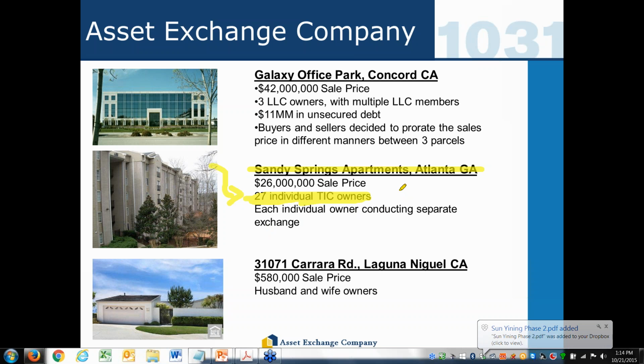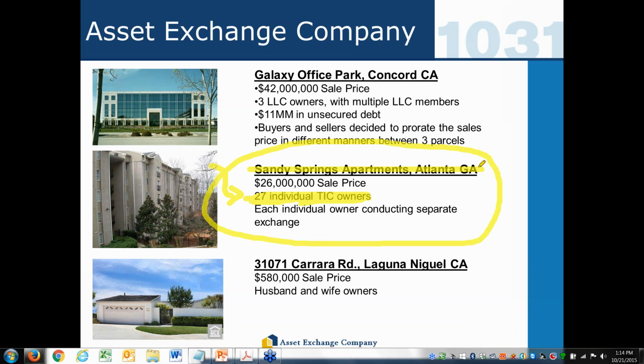You could have had 26 people deciding to pay taxes, and one individual could have done their own exchange. That's fine. Because they held title as tenant in common owners, each person was listed on title, and the government knew there were 27 taxpayers that owned that property. 27 people could do an exchange, or 15 could cash out and the remaining 12 could do exchanges. They could have done whatever they wanted to do.